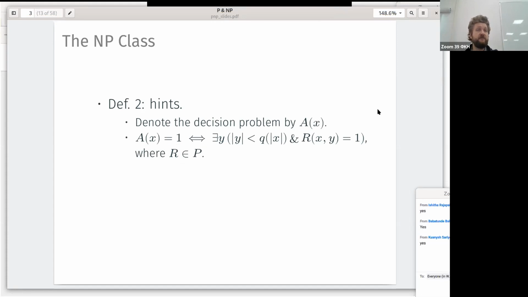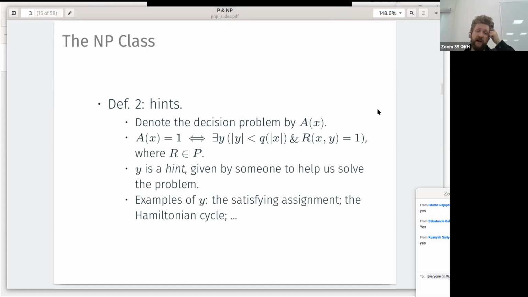So y is the hint. An example of y is a satisfying assignment. We don't know how to solve SAT in polynomial time, but if someone gives us a hint, the satisfying assignment, we can do this. If we know the satisfying assignment, we check it in polynomial time.